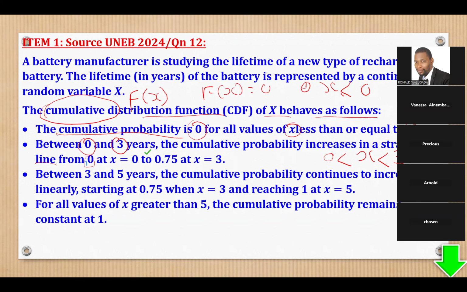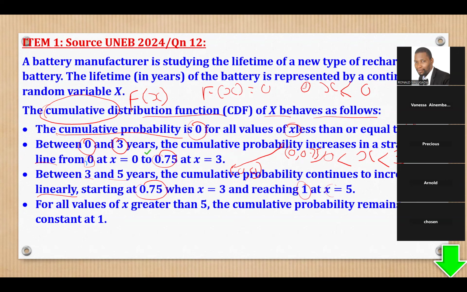From 0 at x equal to 0 to 0.7 at x equal to 3. So it means that there is a straight line. One has 0, 0, another one has 3, 0.7 in coordinate form. Between 3 and 5, the cumulative probability continues to increase linearly, that shows continuous, starting from 0.75 when x is equal to 3, reaching 1 when x is equal to 5.